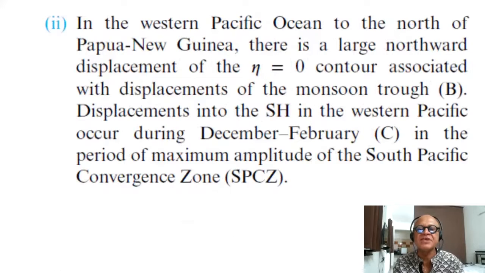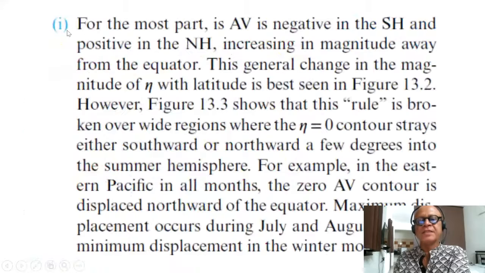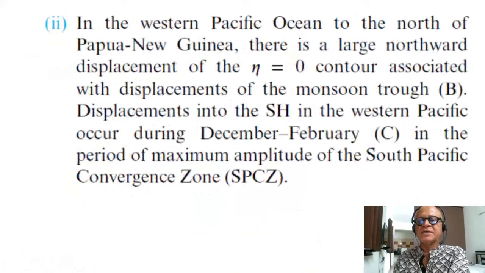In the western Pacific Ocean, to the north of Papua New Guinea, there is a large northward displacement of the absolute vorticity 0 line associated with the displacement of the Monsoon Trough. So there is the Monsoon Trough that we talked about before, and that's going to have an impact.